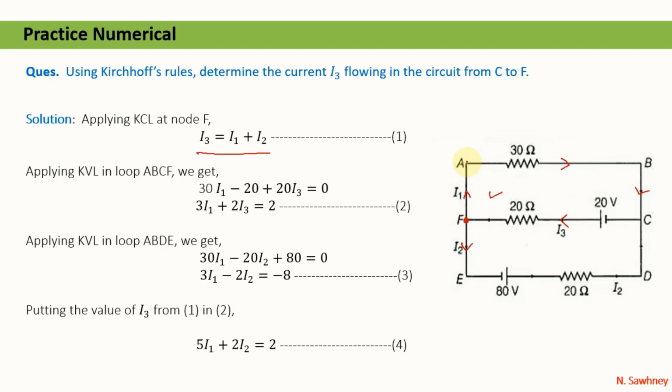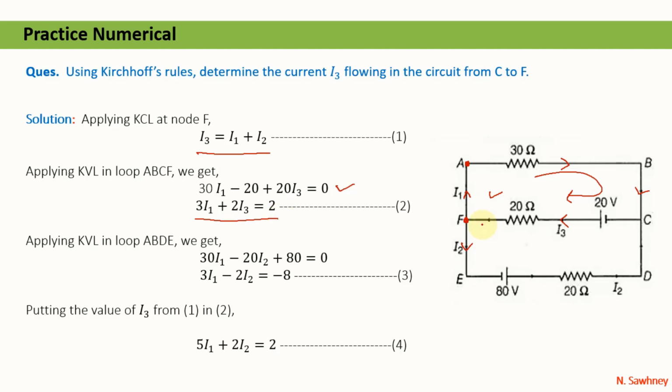Let us start traveling from A. So it will be 30 times I1, and that path is somewhat like this. So it will be minus 20 plus 20 I3 and reaching back to A. So we have written this equation. Simplifying further, we will get this equation. Let us mark it as equation number 2.